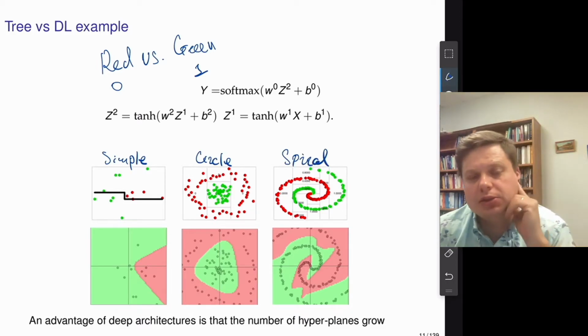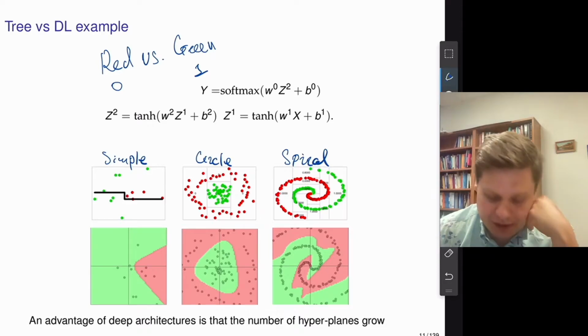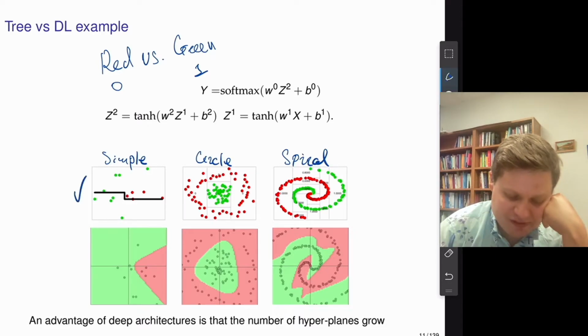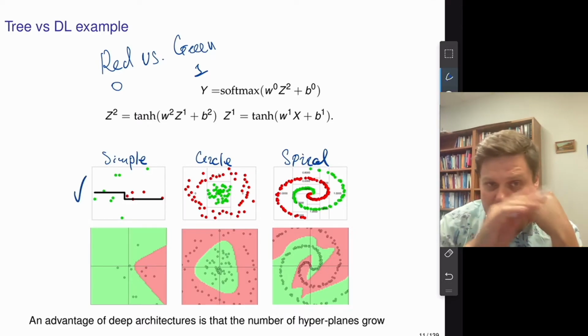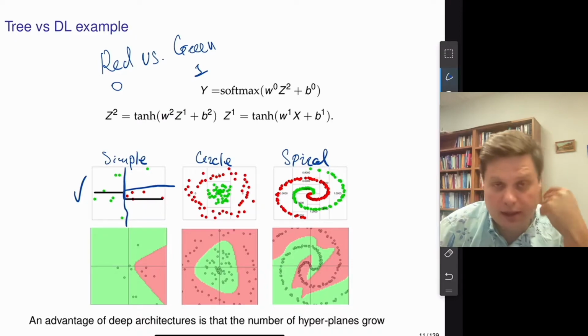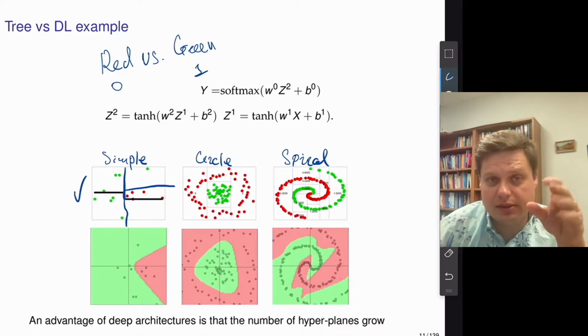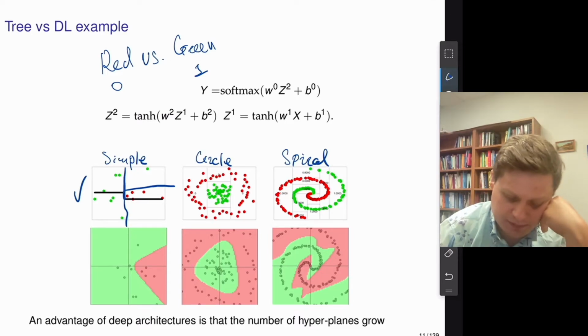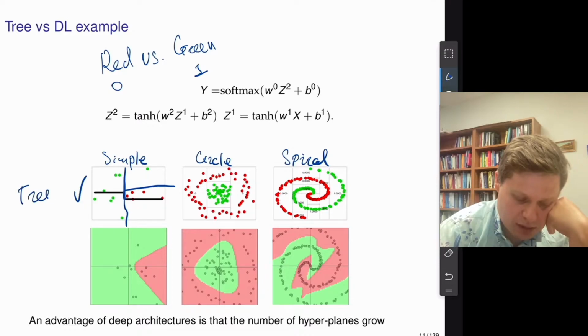And you see how well the tree does on all three data sets. The tree does very well on the simple data set. It basically splits the region like this, so it is able to isolate the red points from the green points relatively easily. And the neural network, so this is the tree model here in the upper row, and this is the deep learning model in the lower row.